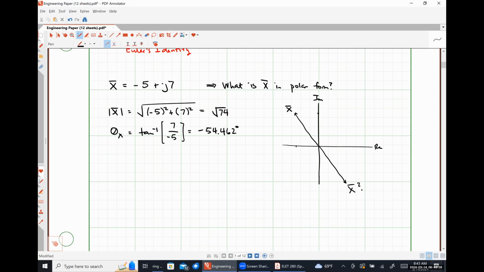So it turns out that in this specific case, the angle that we were given is actually 180 degrees away from the true angle. So why do you think that happened?